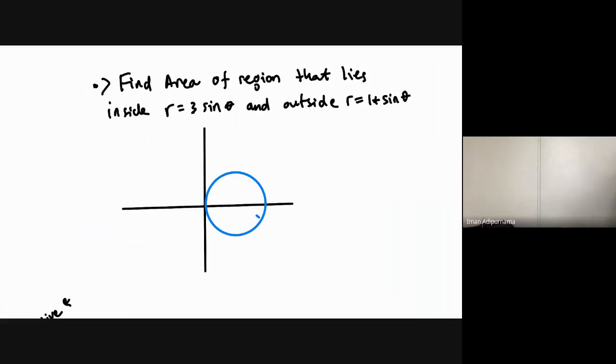If you draw this circle, this is 3 cosine, or some constant and a cosine.